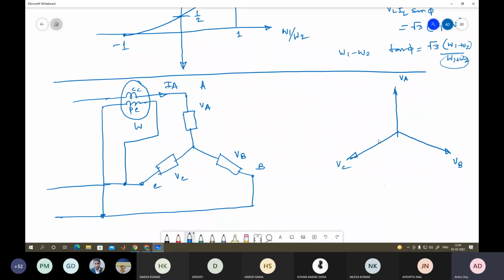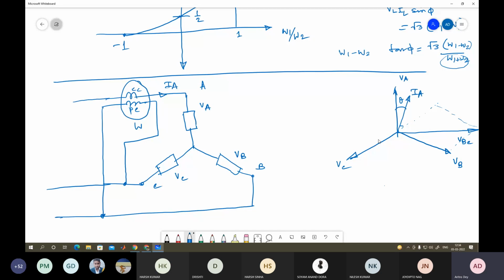But if you want to find your VBC, which this wattmeter W is measuring, then you should take C on the other side and complete the phasor sum like before. This is your VBC. And you are measuring line current, which is equal to IA, and line current is equal to phase current. So this is theta, this is your IA.